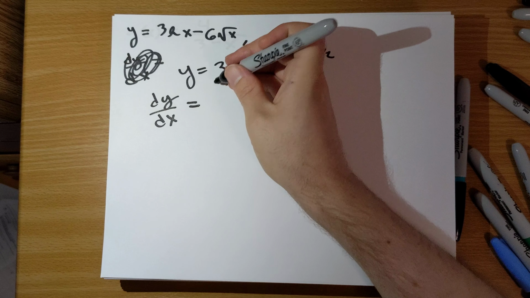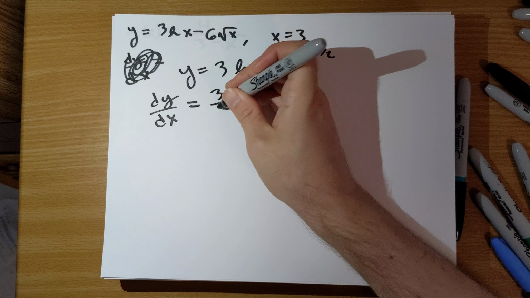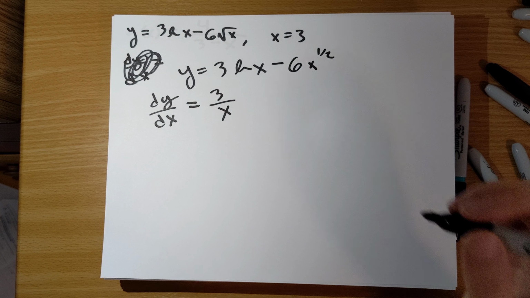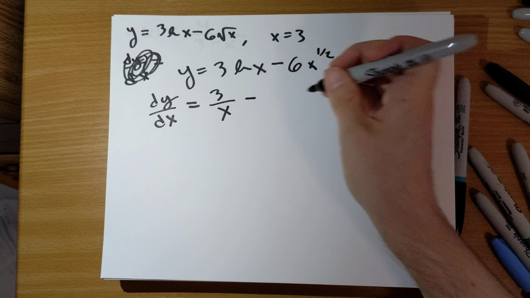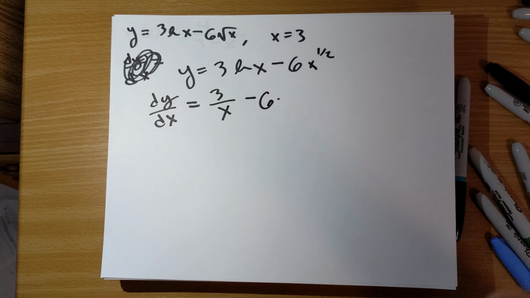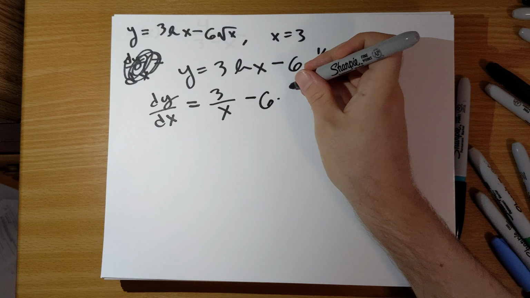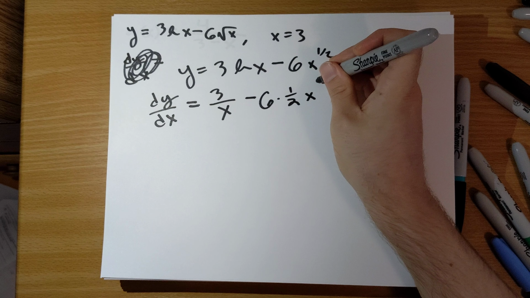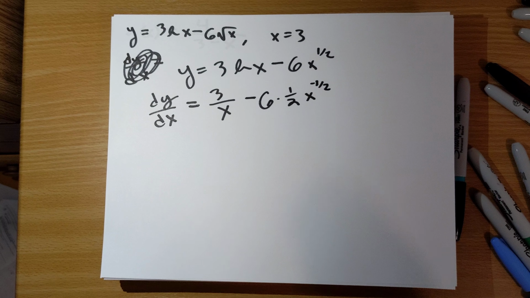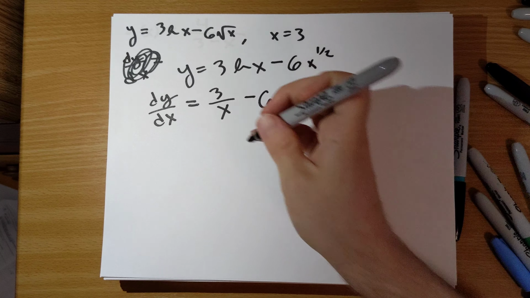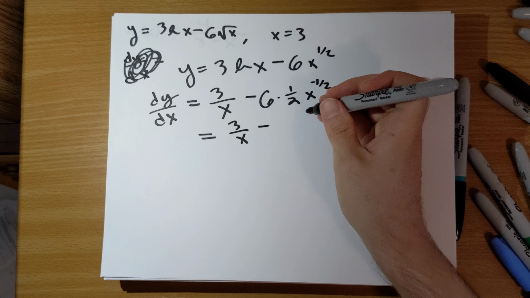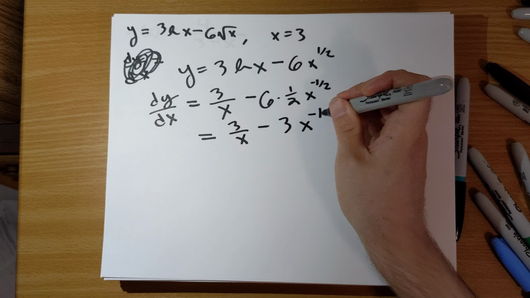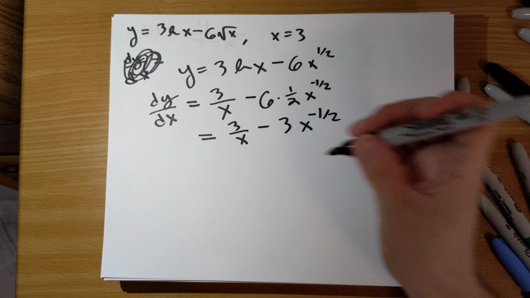The derivative of natural log of x is 1 over x, and the derivative of 3 natural log of x is 3 over x. And then the derivative of x to the 1/2 will be 1/2 x to the negative 1/2 power by the power rule. So this is 3 over x minus 3 times x to the minus 1/2 power.